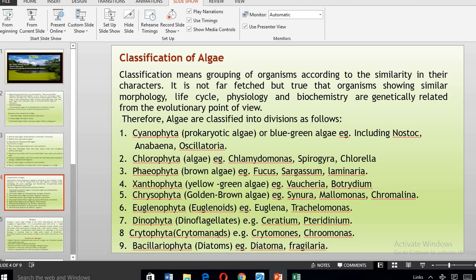Organisms that show similar morphology, similar life cycles, and similarities in physiology and biochemistry are genetically related from the evolutionary point of view. Therefore, we can categorize algae into the following 9 divisions.